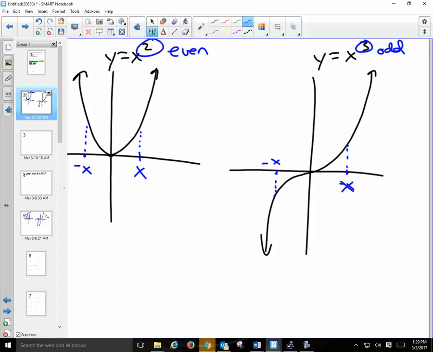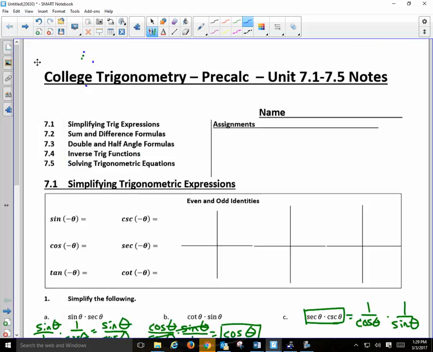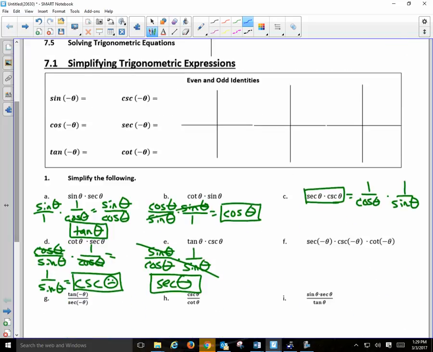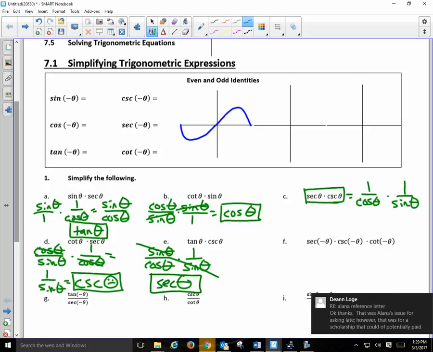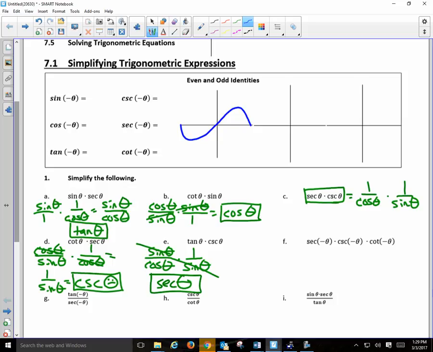You can't look at sine, cosine, and tangent and just know whether they're odd or even. You got to look at the graphs. So I'm going to look at the sine graph. If I plug in an x value, do I get out a positive or a negative? I get out a positive.